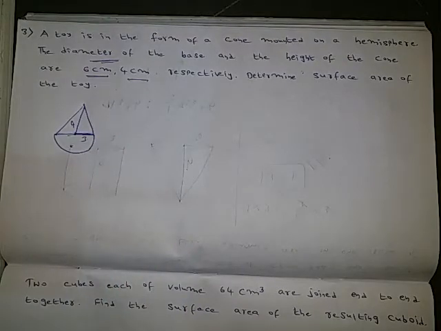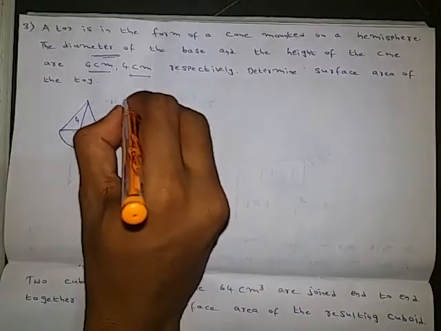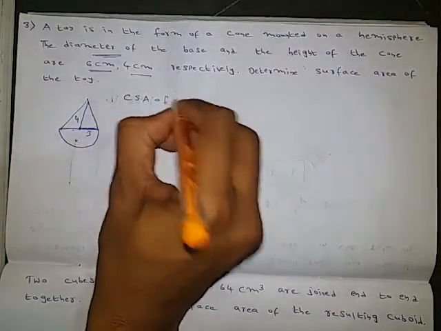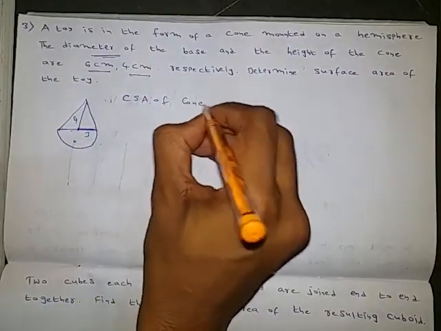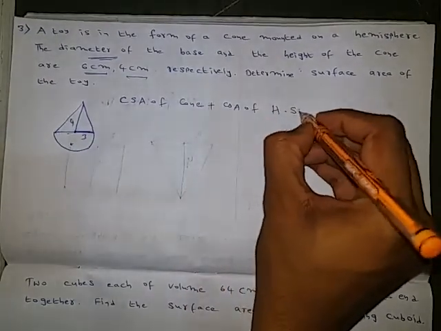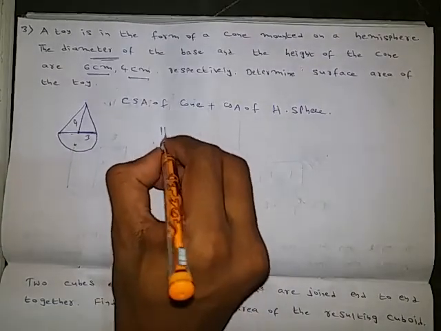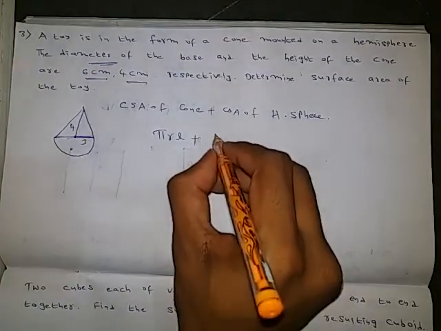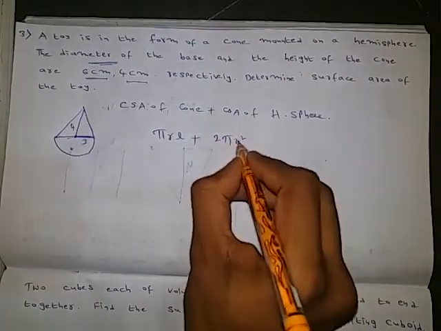That's why we need to find the curved surface area only. It means curved surface area of a cone plus curved surface area of a hemisphere. Curved surface area of a cone is pi r l. Curved surface area of a hemisphere is 2 pi r square.